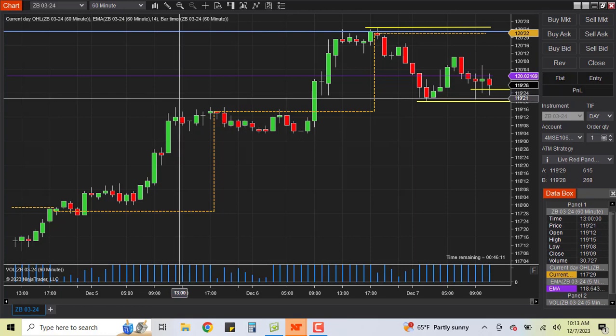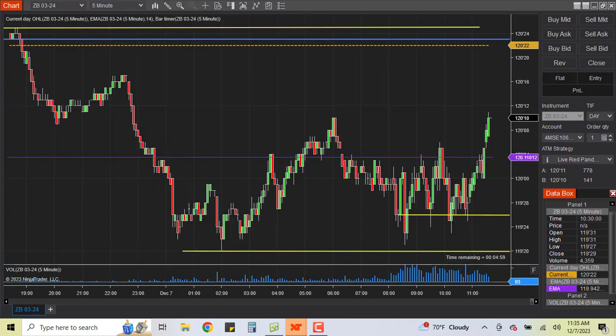I would have had a winning day. And this is what price eventually ended up doing, just as I thought. It ended up rising, going up off of that support of the overnight low that it could not break through.